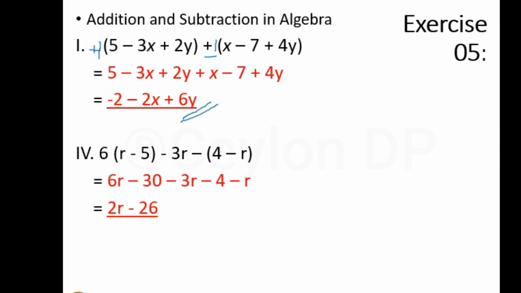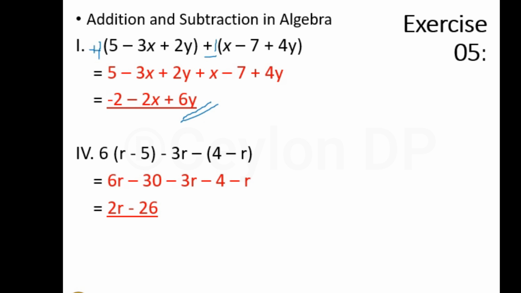And when you are doing subtraction, you have to check, is there anything inside the brackets? There are no calculations inside the bracket.